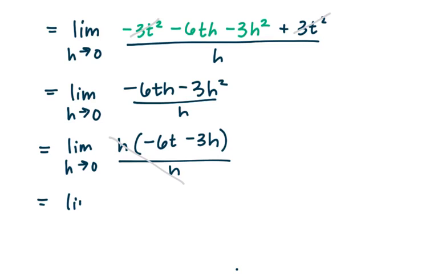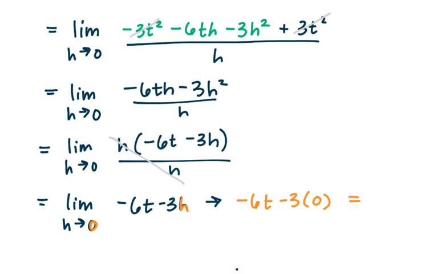To find my derivative, I'm calculating the limit as h approaches 0 of negative 6t minus 3h. And when I take that 0 value and plug it in for h, I've got negative 6t minus 3 times 0, or negative 6t.